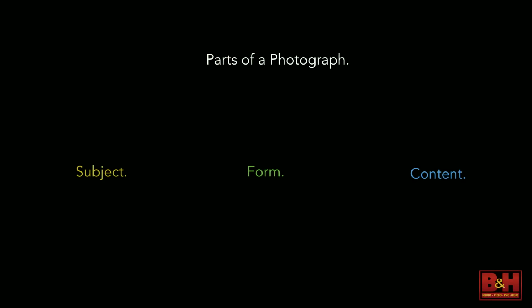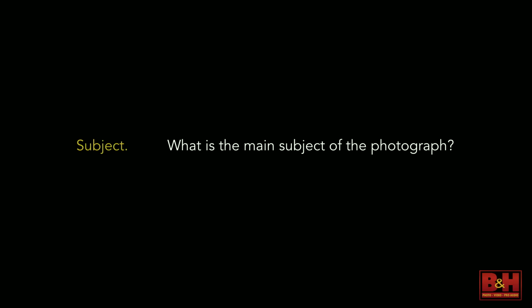Okay, so let's start by talking about the parts of a photograph. I'd like to break things down as simply as possible. So I think that there's three main elements to a photograph: the subject, the form, and the content. Let's break each of these apart. The subject is simply what is the main subject of the photograph? What is it a picture of?